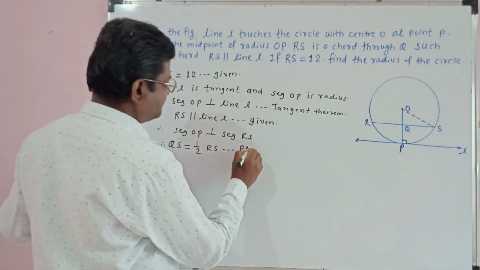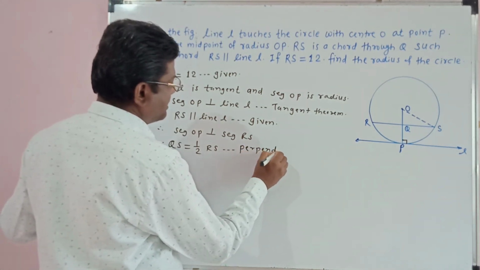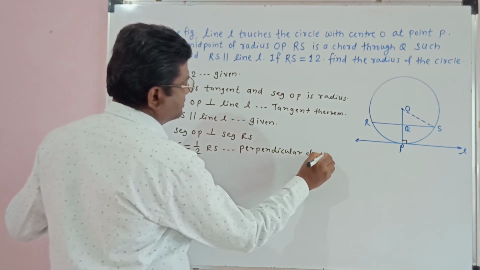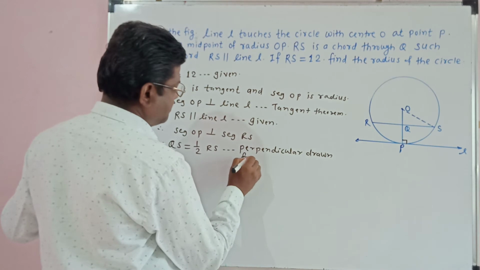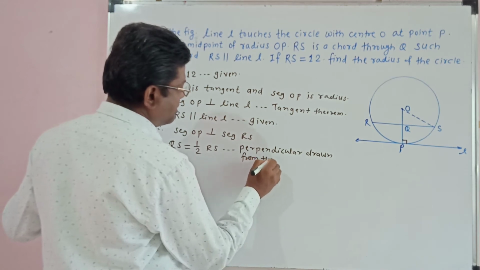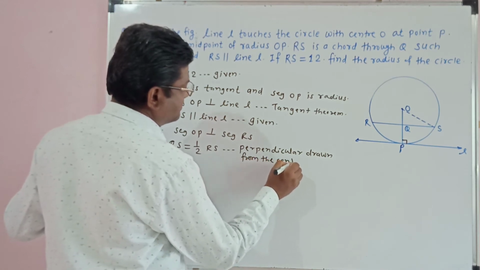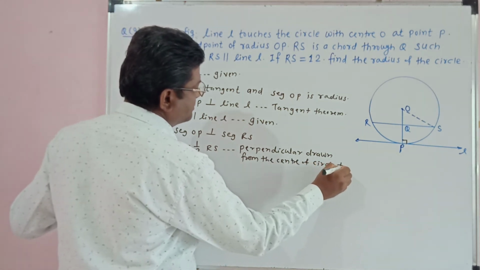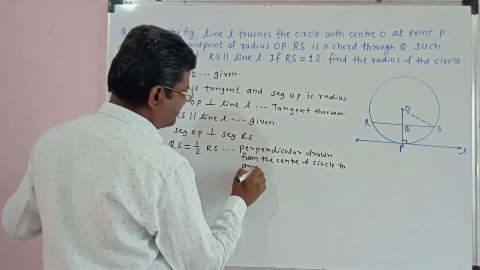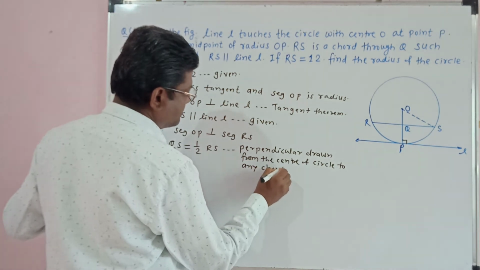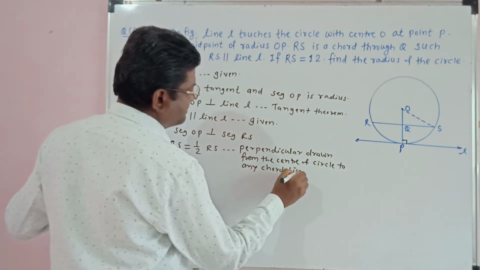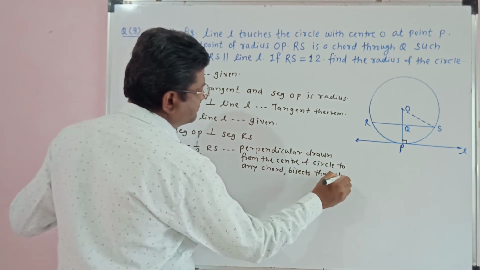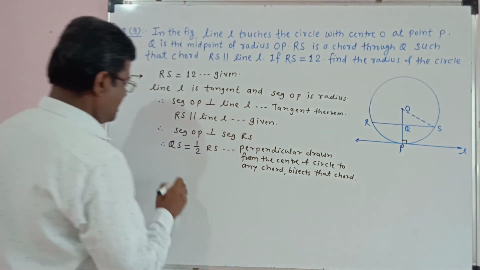Reason is perpendicular drawn from the center of a circle to any chord bisects that chord, that is the result.